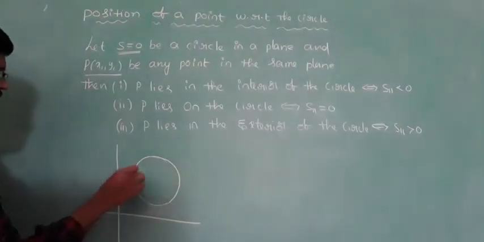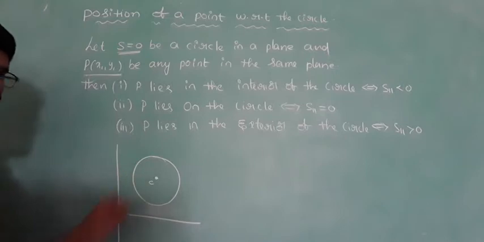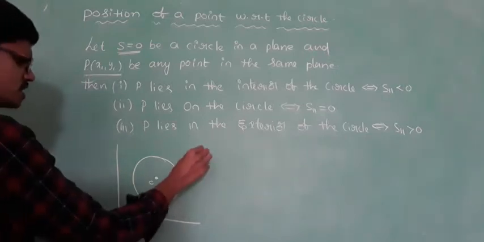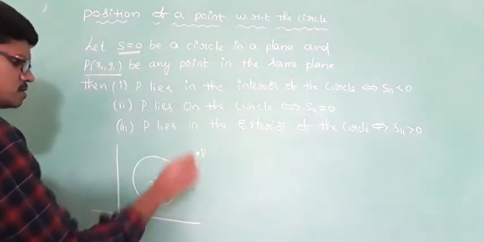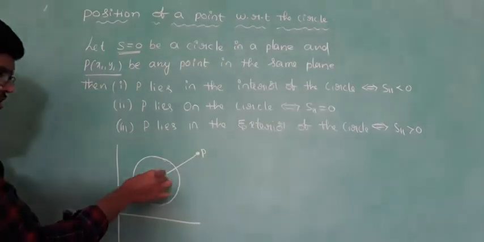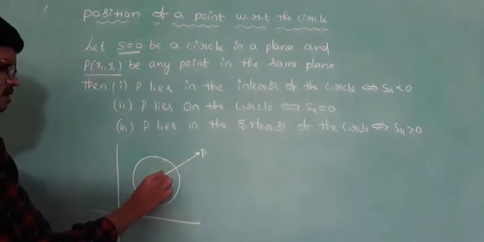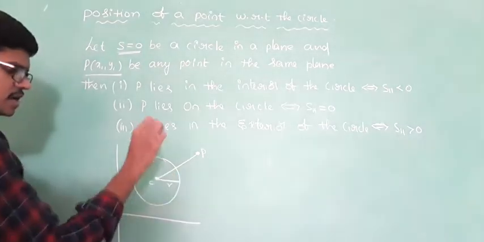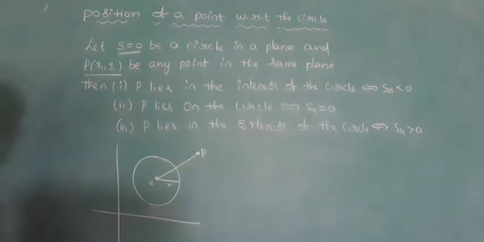This is the circle and this is the center. For example, let P be an exterior point. This is the distance and this is the radius.